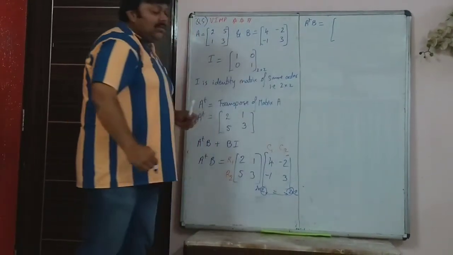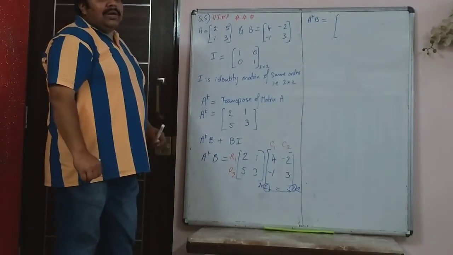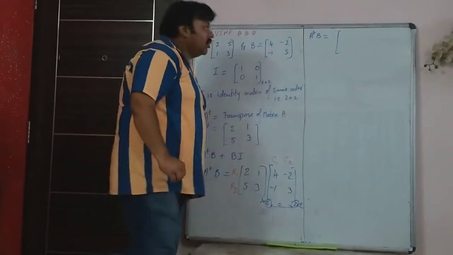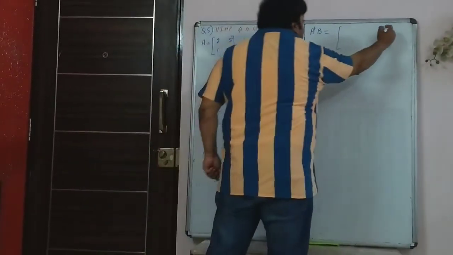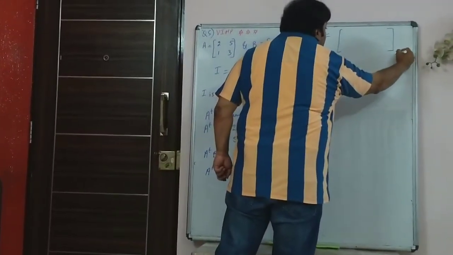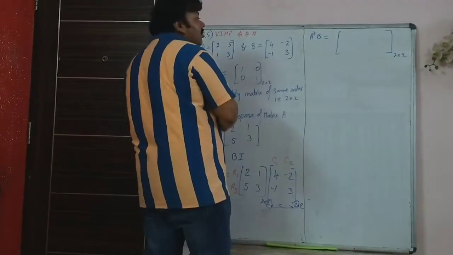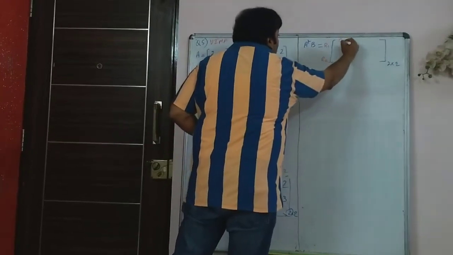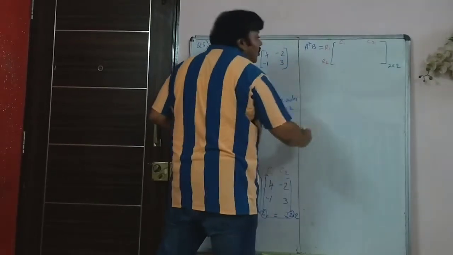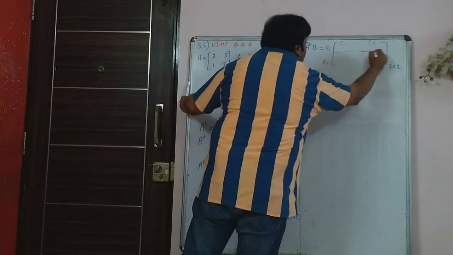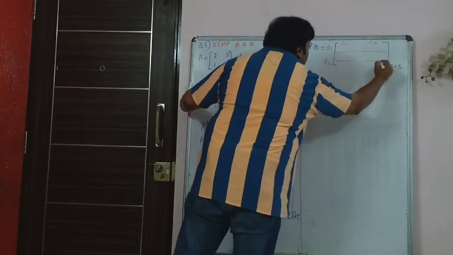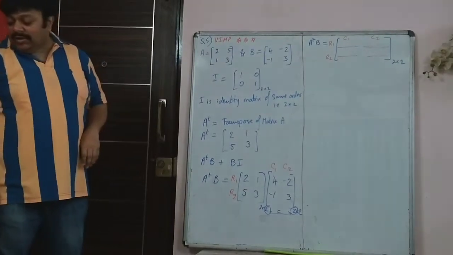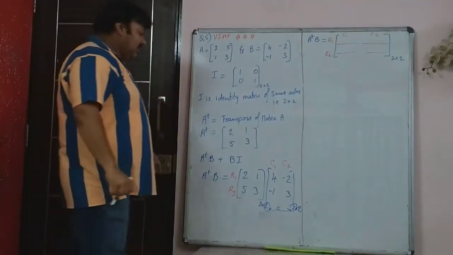So you can do the multiplication and the product matrix will have 2 rows and 2 columns. So you have to write that here. This is row 1, row 2, column 1, column 2. So basically you have 4 elements. Now let's do the multiplication.